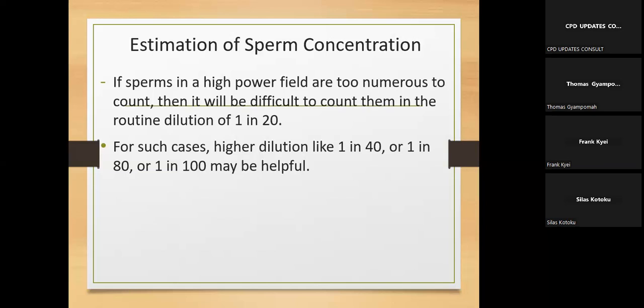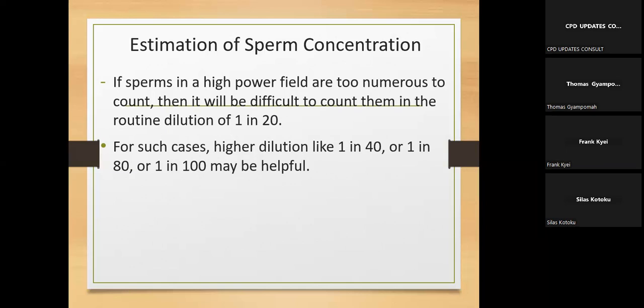In that case, if you do the regular 1 in 20 dilution, the count is still going to be high. You can't count. So it means that you need to make a high dilution. And for a high dilution, you can make 1 in 40, depending on how you see the entire preparation. If they are too much, you may have to do 1 in 40. You can even do 1 in 80 or 1 in 100.